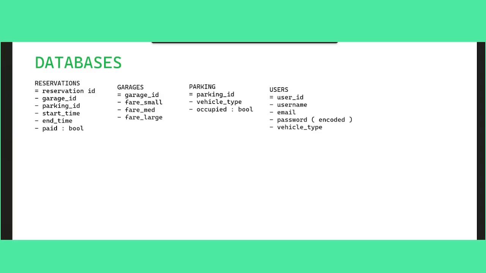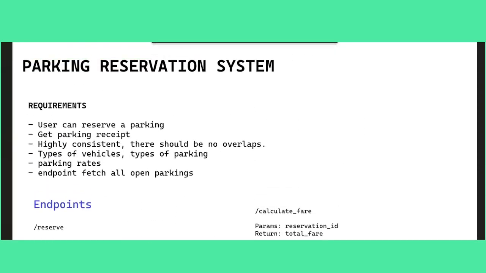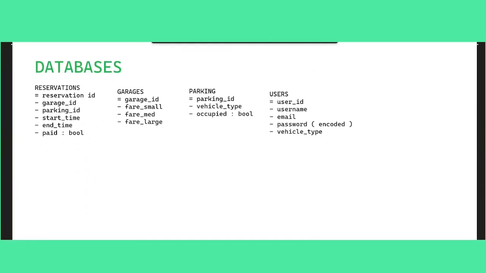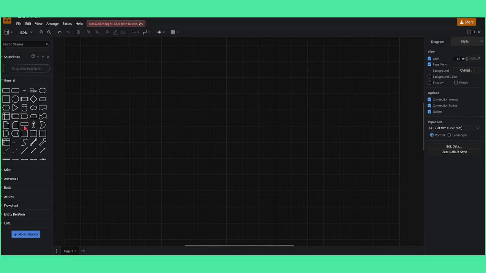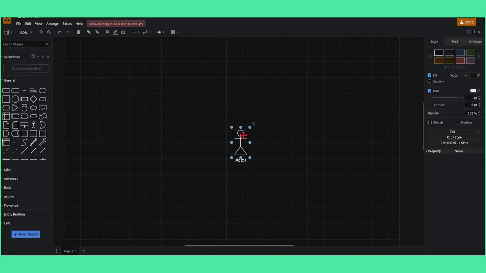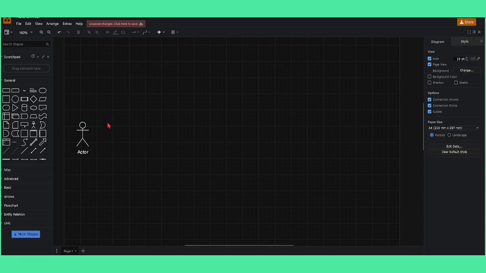So let's go to the design stuff and understand how we can design this parking system. We'll first have an actor. I'm not going to write that heading and whole thing. Requirements, right? We already went through the requirements, right? So actor, okay.